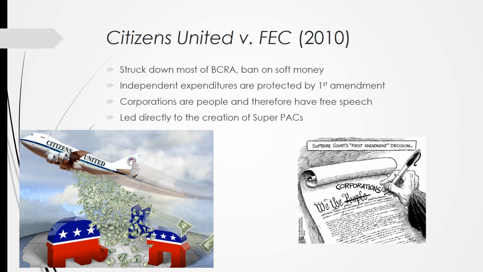So remember, it's got to be independent expenditures with the super PACs, but now Walmart can raise as much money as they want to support or to hurt a candidate. And the reason for that is because of Citizens United versus the FEC. Absolutely highlight this. I want you to know this case inside and out. Know how it relates to the creation of super PACs.